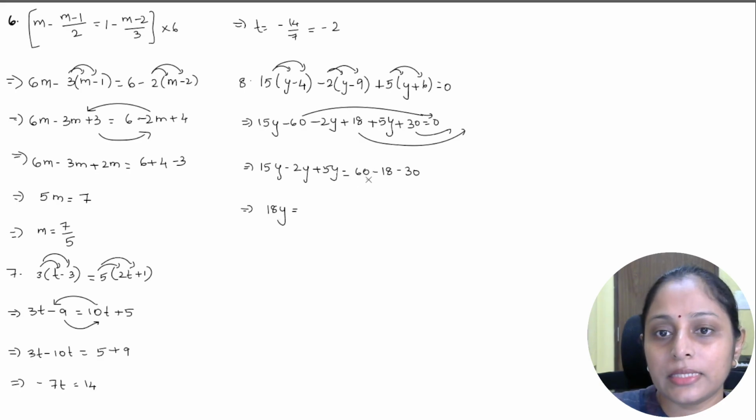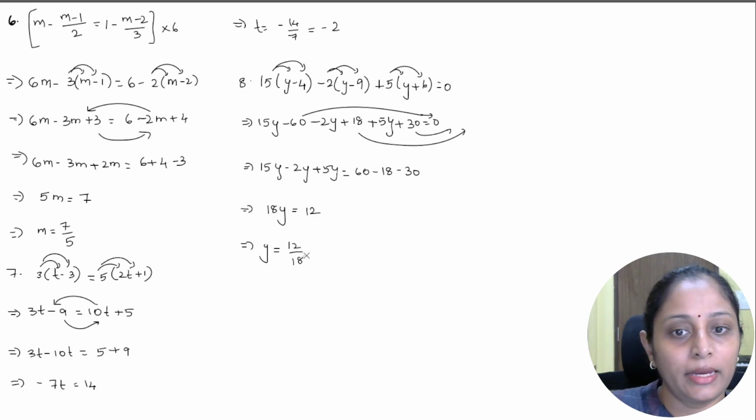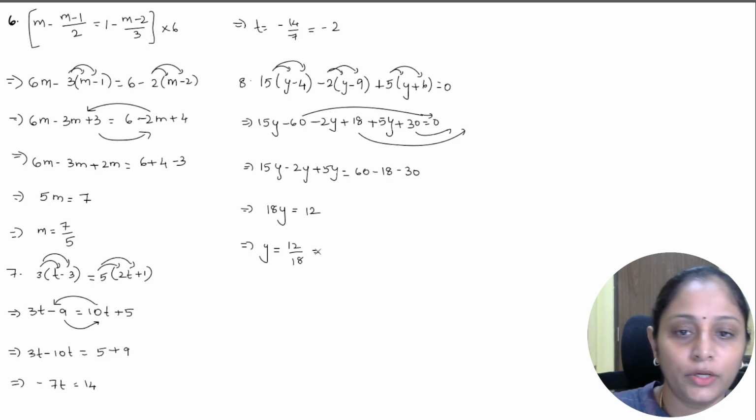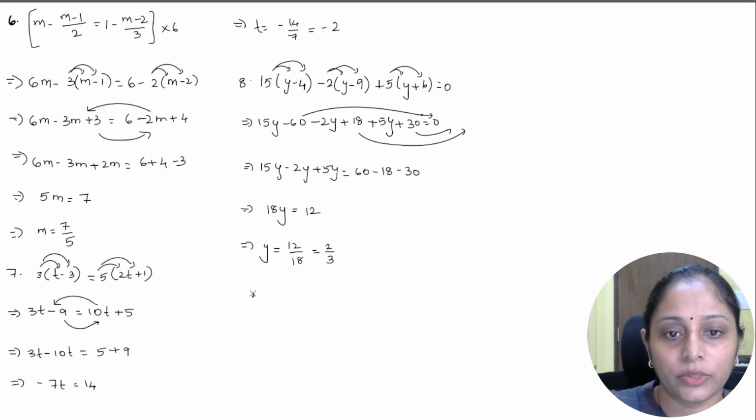Okay, 60 minus 18 is 42, 42 minus 30 is 12, implies y is equal to 12 by 18. If you look at 6 table, you're going to get 2 by 3. So that's my answer for the 8th question.